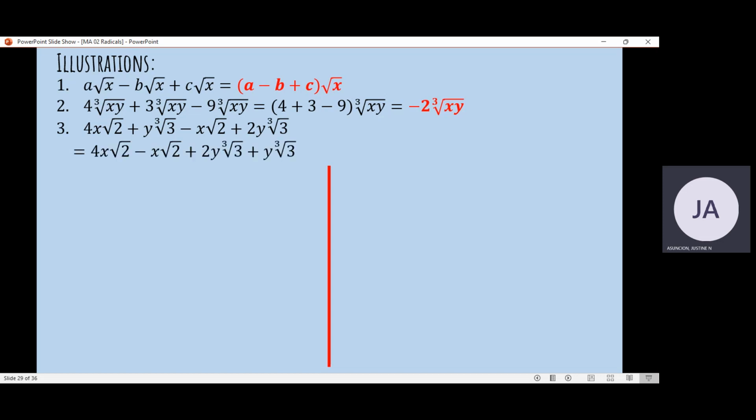Combining that, we'll have the quantity 4x minus x, square root of 2, and then the quantity 2y plus y, the cube root of 3. And 4x minus x is simply 3x, and 2y plus y is 3y. Therefore, our final answer is 3x square root of 2 plus 3y cube root of 3.